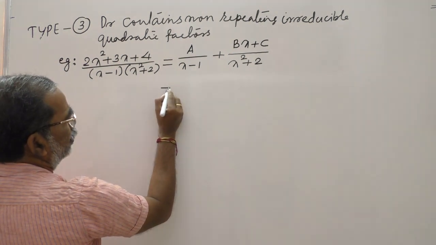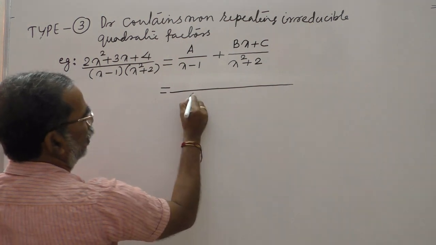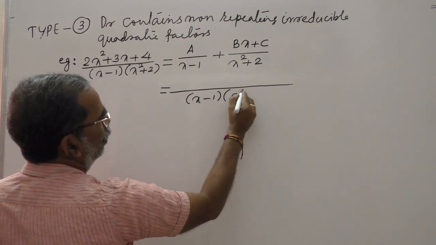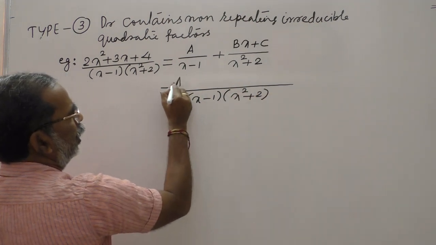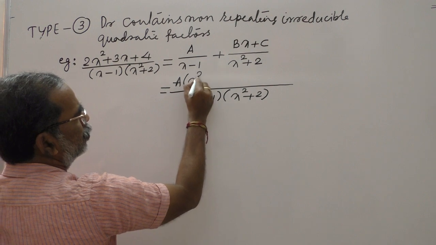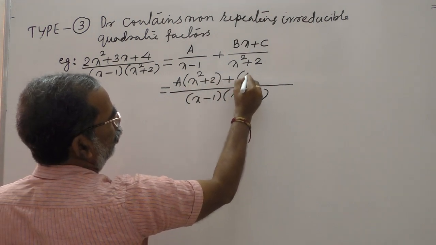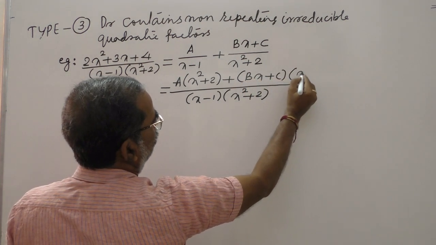I will take the LCM here. If I take the LCM, what is the LCM? x minus 1 into x square plus 2. Here A into x square plus 2, plus bx plus c into x minus 1.